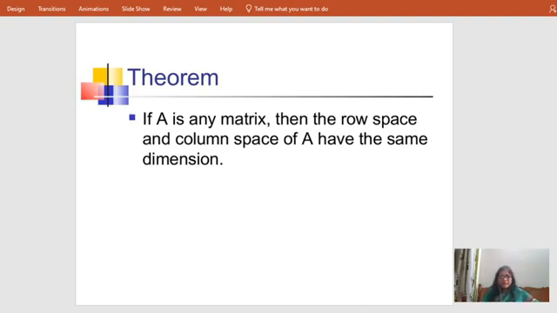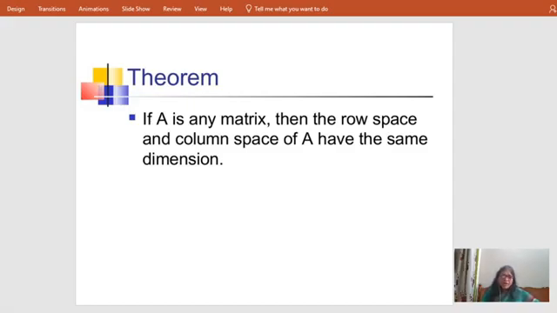Already, we know how to find the basis of row space and also the basis of column space for any matrix. So, after finding the basis for the row space, if we count the number of elements in the basis, that will give the dimension of the row space.